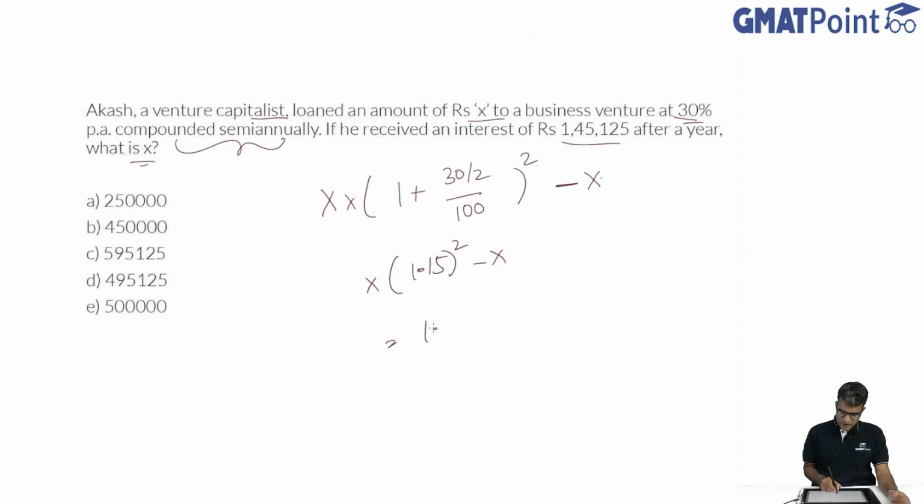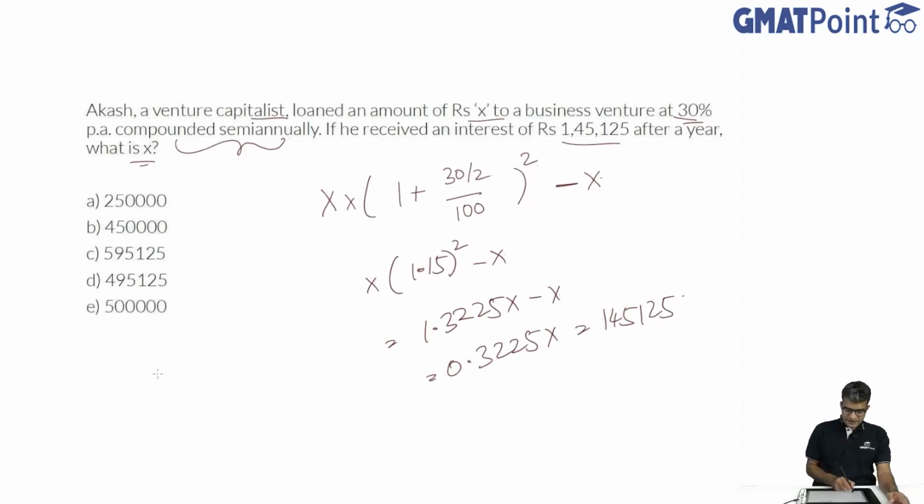This is equal to 1.3225x minus x, or the value of 0.3225x is equal to 1,45,125. Therefore, the value of x you can simplify will be equal to 4,50,000. So the answer for this question is option B.